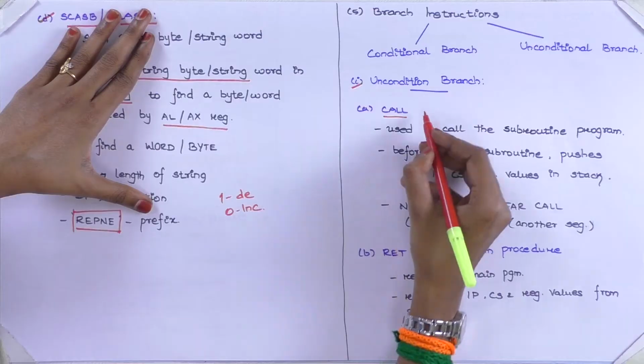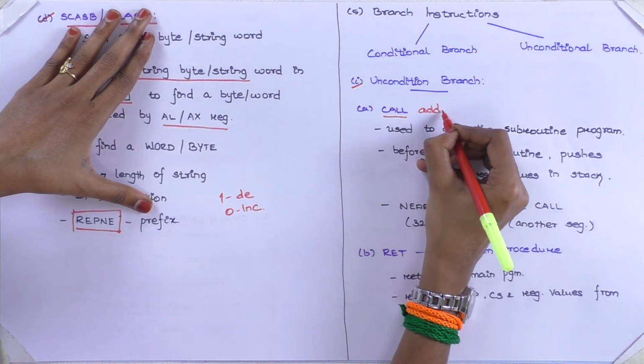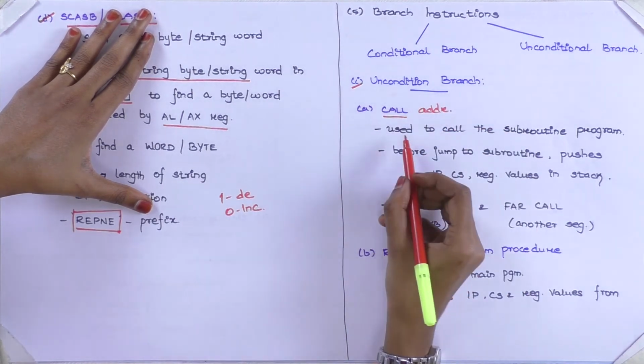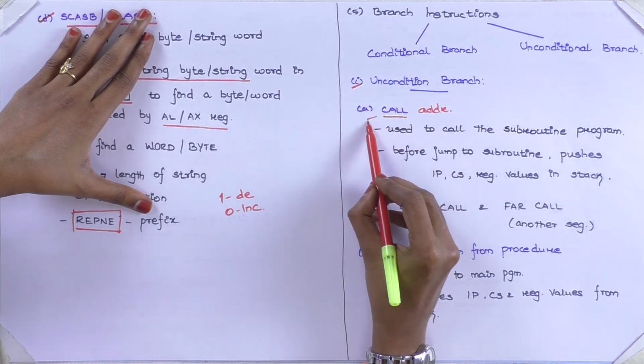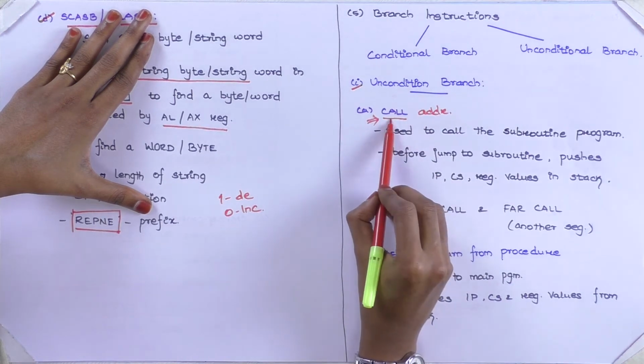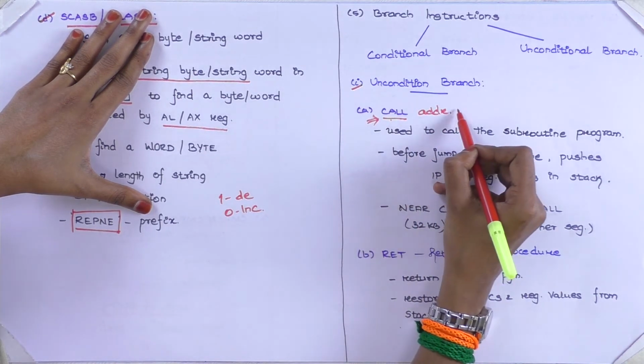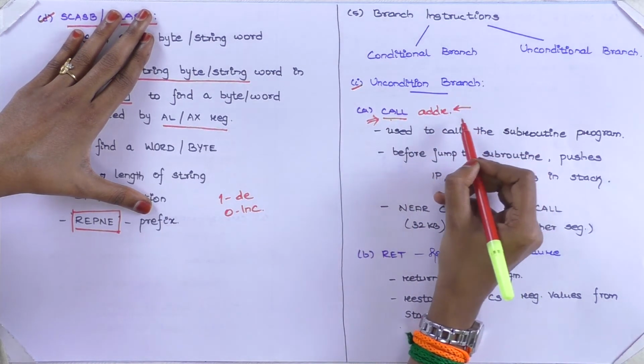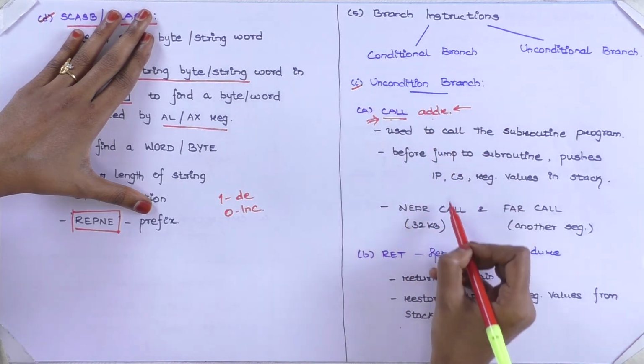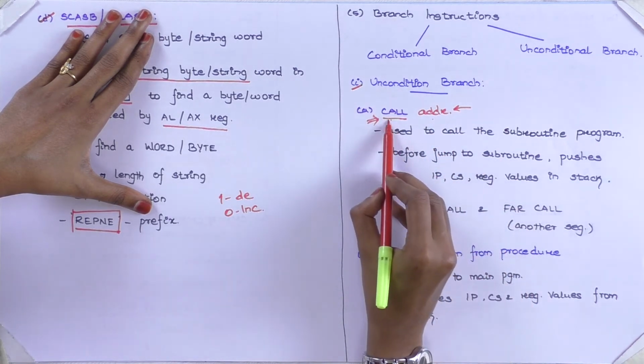So the first unconditional instruction is the call instruction. So this is call, and then you are supposed to mention an address here. What the processor will do when it sees this call instruction is, it will call the instructions residing in the address and start to execute them. So that is what the call instruction will do.